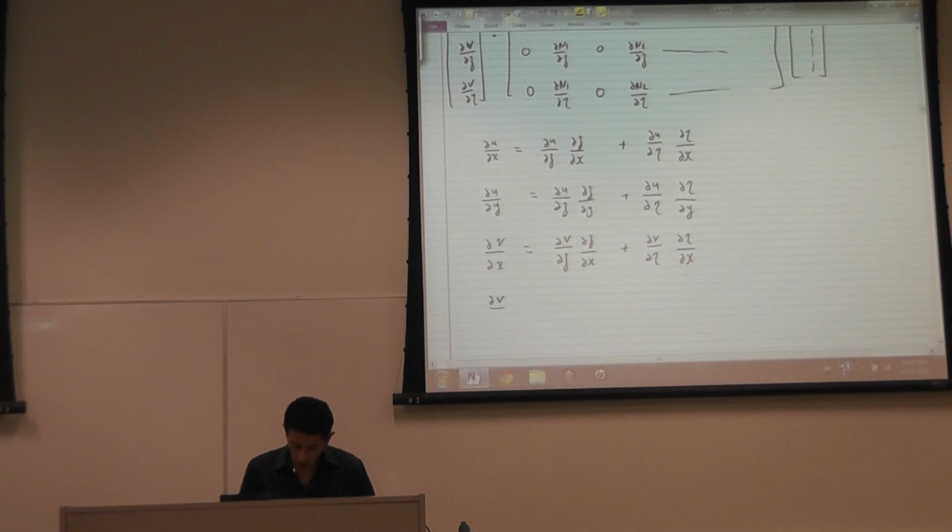Partial v by partial y will be equal to partial v by partial xi partial y plus partial v partial eta by partial y. Okay.